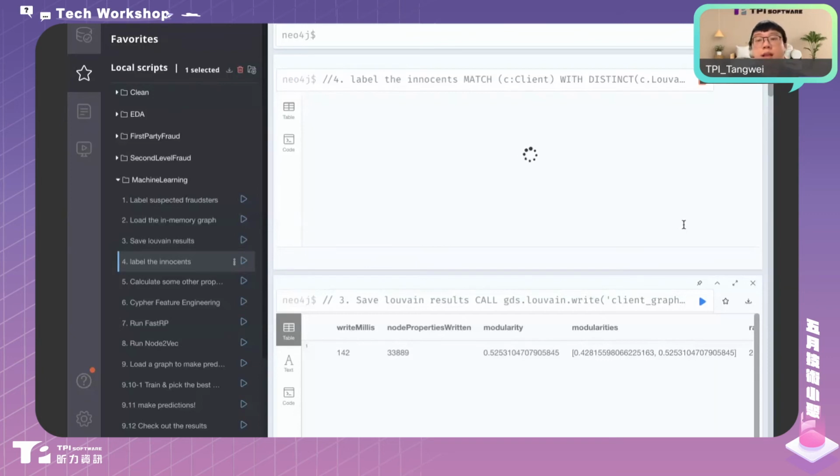So in the first step, we will label the suspected clusters. So we all know the node classification is a supervised machine learning approach whereby nodes with known classes can be used to train a model that will learn the class of nodes where they are unknown.